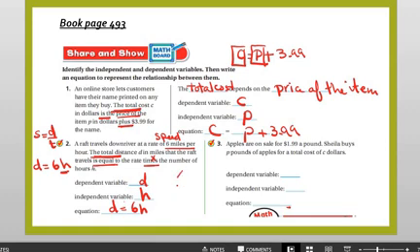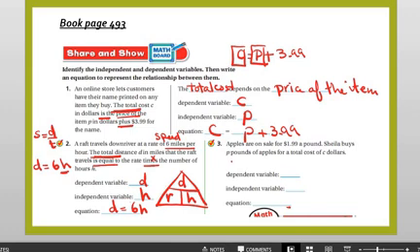If you remember our magic triangle here, the rate or speed equals distance over time. Instead of T, I can put the letter H. Okay? So D equals R times H.